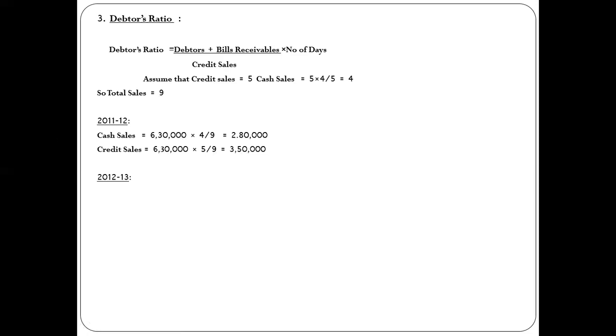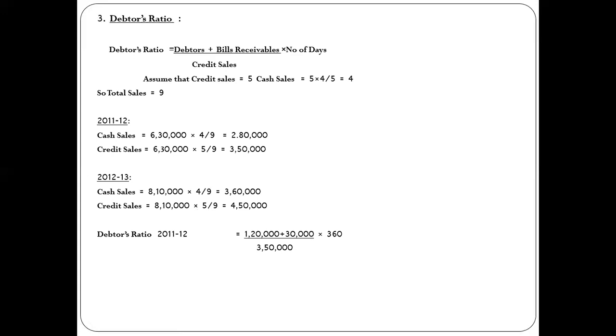For 2012-13 we will go the same way. Cash sales is equal to 8,10,000 into 4 by 9 is equal to 3,60,000. Credit sales will be 8,10,000 into 5 by 9 is equal to 4,50,000.